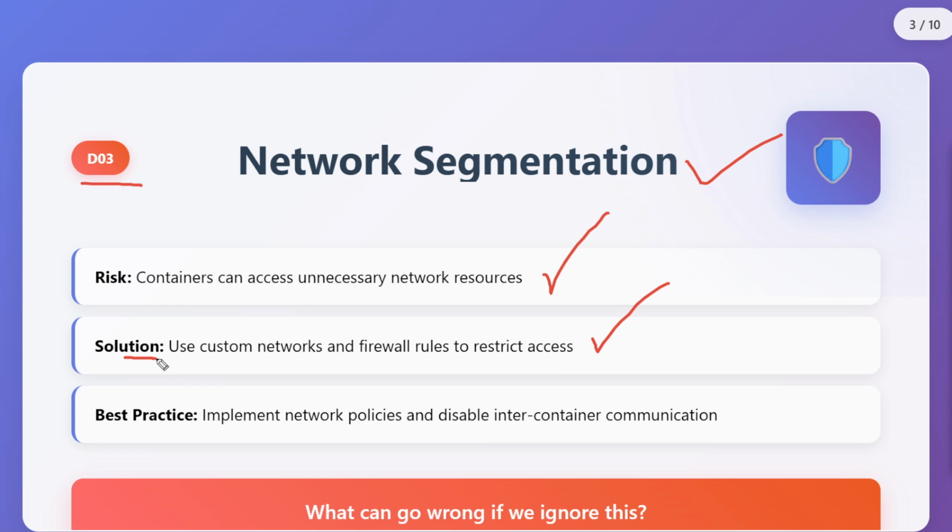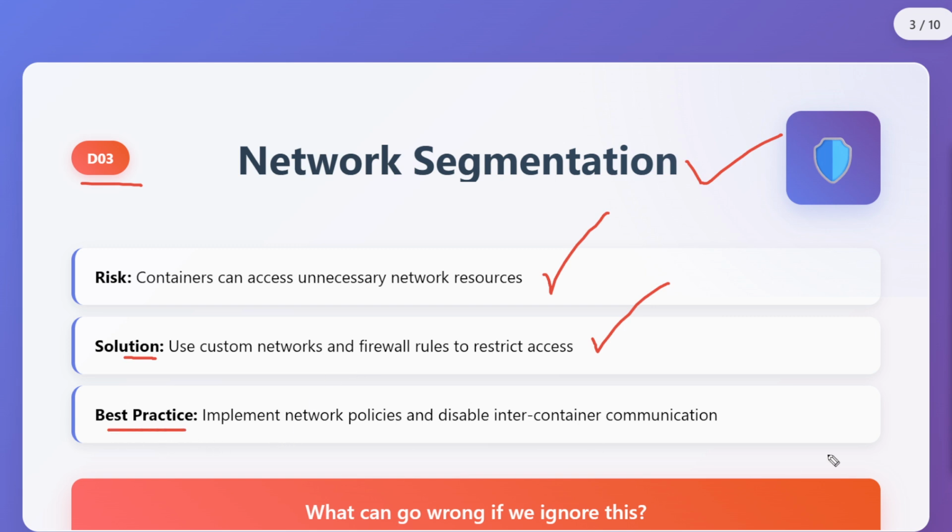We need to use custom networks and firewall rules to restrict the access. That means we create isolated Docker networks for different services and apply firewall rules to control which containers can talk to each other. Basically, this limits the exposure and attack paths.